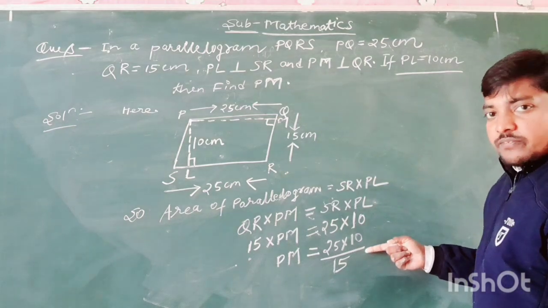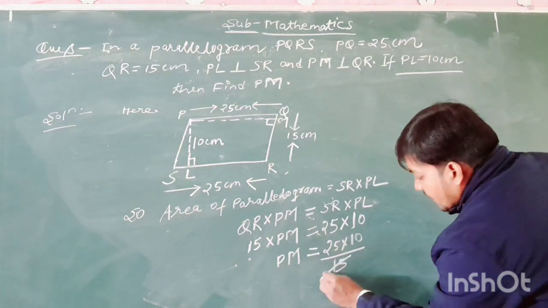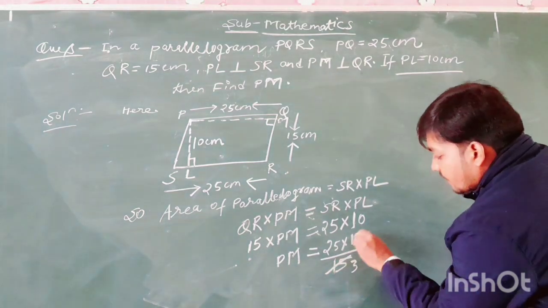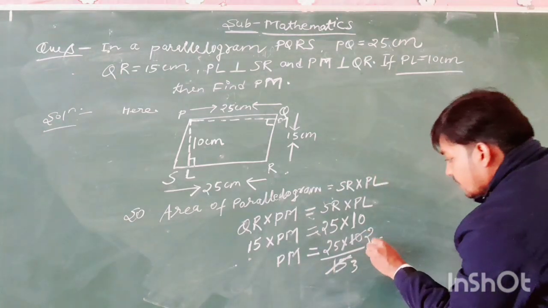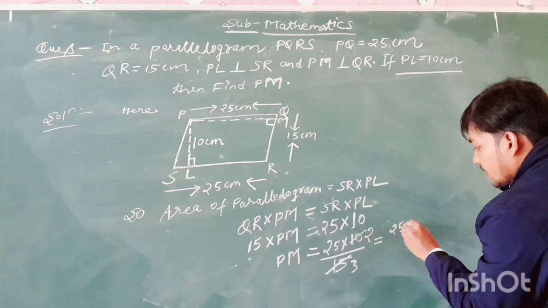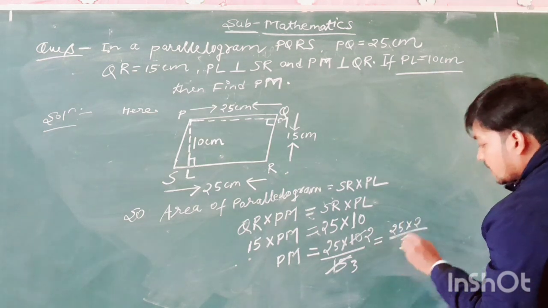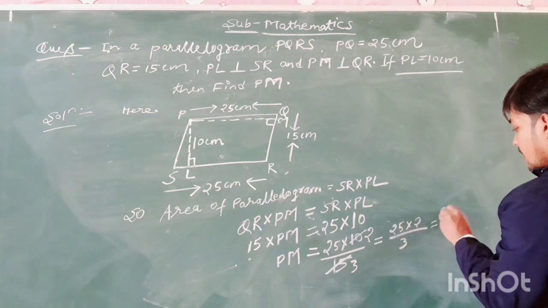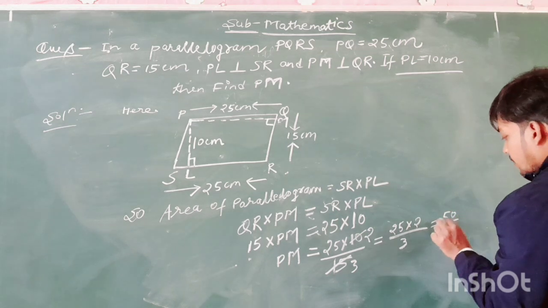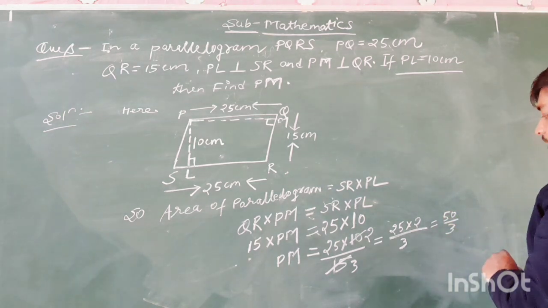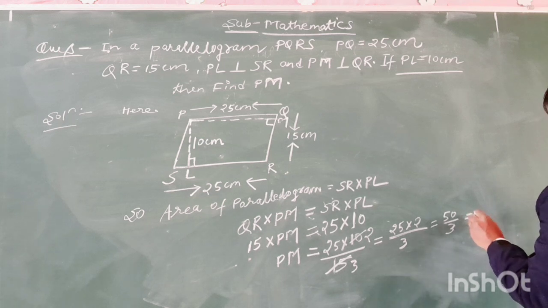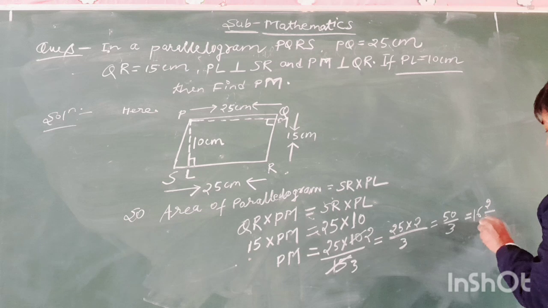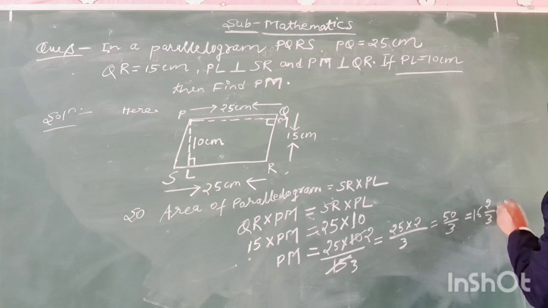Here we have to simplify. 5 3s are 15, 5 2s are 10, which is equal to 25 into 2 upon 3, 25 into 2, which is equal to 50 upon 3, and we write 50 upon 3 in mixed fraction, 16 whole 2 by 3 centimeter.